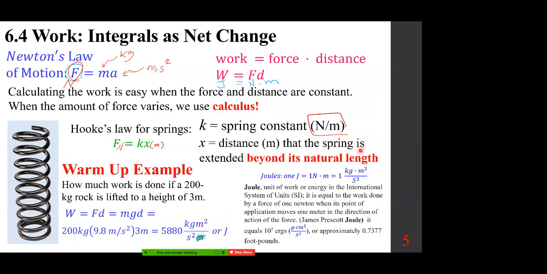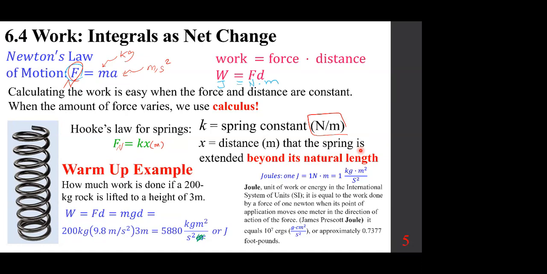So joule, unit of work or energy in the international system of units, SI or metric system, is equal to the work done by a force of 1 Newton when its point of application moves 1 meter in the direction of action of the force. It's named after the English physicist. It's equal to 10 to the power of 7 ergs.